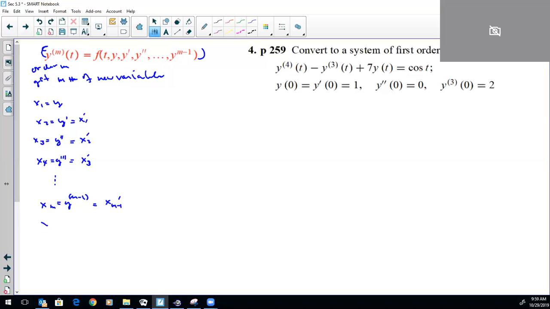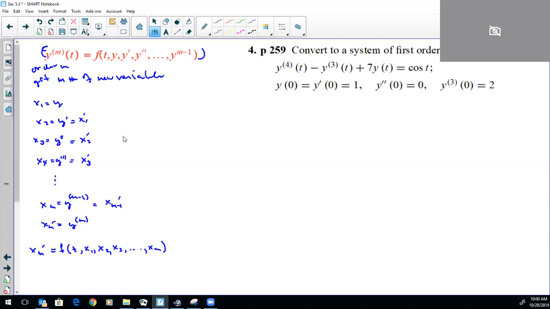So that would be xm prime is the mth derivative of y. So xm prime is going to be a function of the independent variable t, and y is x1, y prime is x2, y double prime is x3, and y^(m-1) is xm. Okay, and you don't have any derivatives over there.